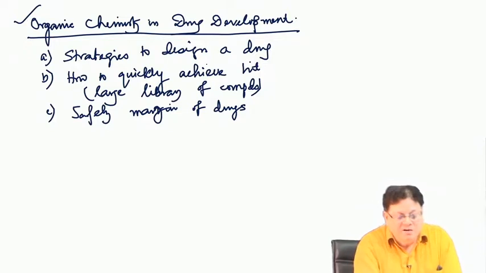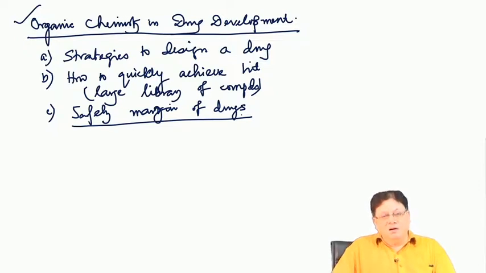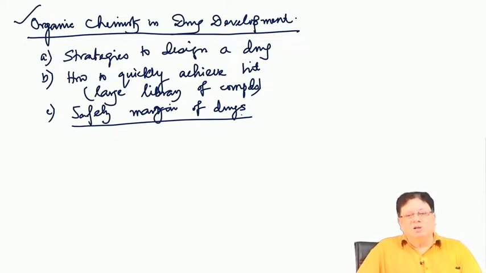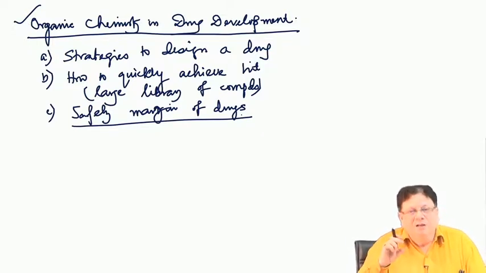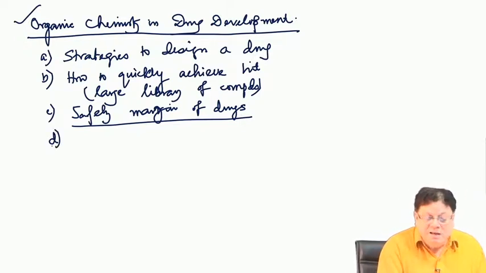We discussed the therapeutic index as a ratio in terms of LD50 divided by ED50, that means the effective dose for 50% of the population, lethal dose for 50% of the population, or it could be TD50 by ED50. That is the therapeutic index. The higher the therapeutic index, the safer is the drug.